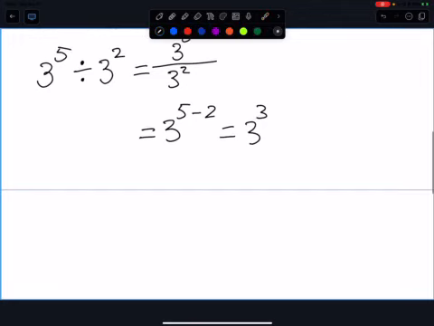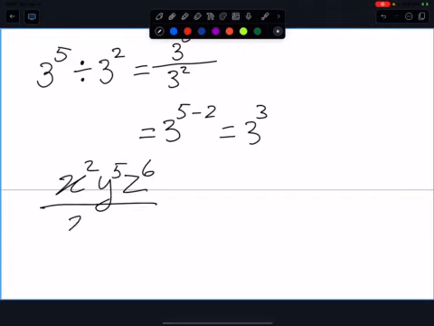Yes, going back to things that we did. So what about we have a complicated one? You apply the same rule as if there were only one. So what do you get?